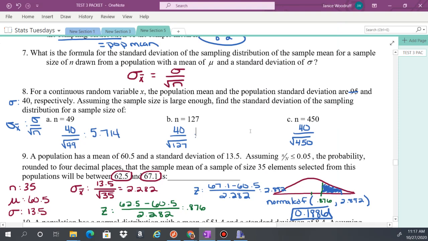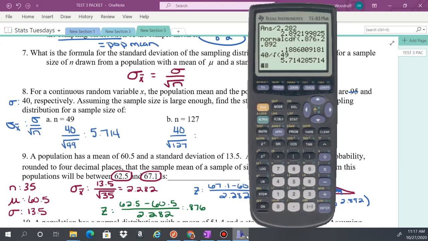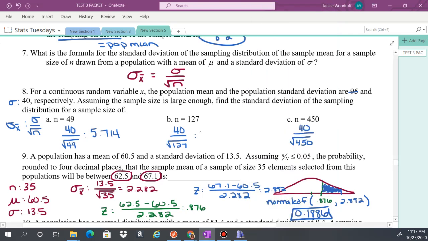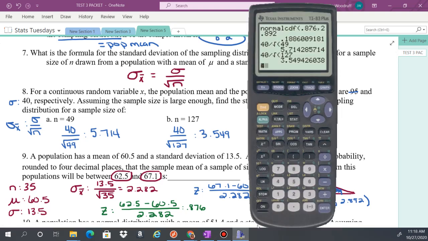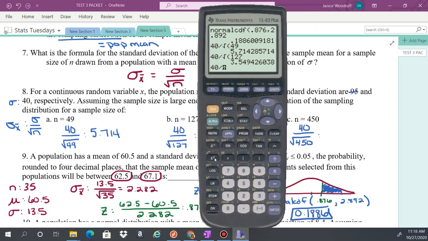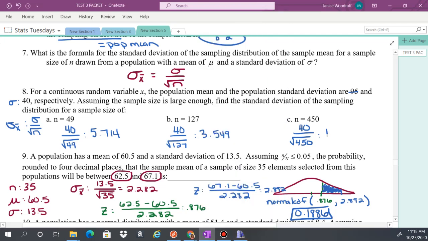And then for B, 40 divided by the square root of 127 is 3.549. And then 40 divided by the square root of 450, 1.886.